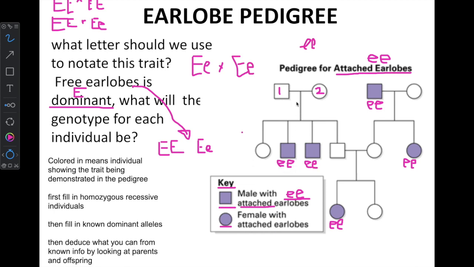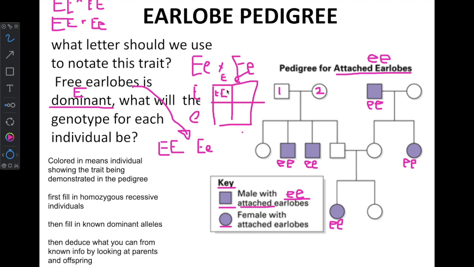So they're both heterozygous. We're going to do that little Punnett square. Okay, so the two parents are heterozygous, so that goes on top and side.